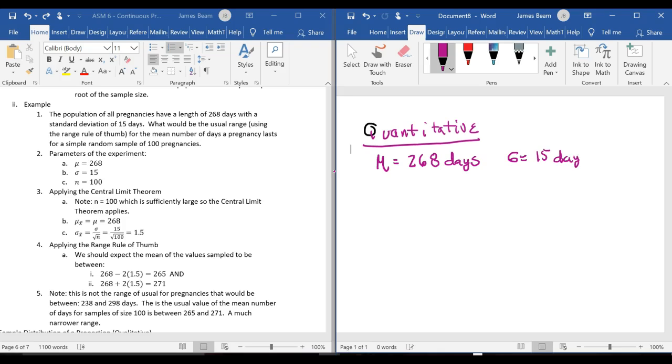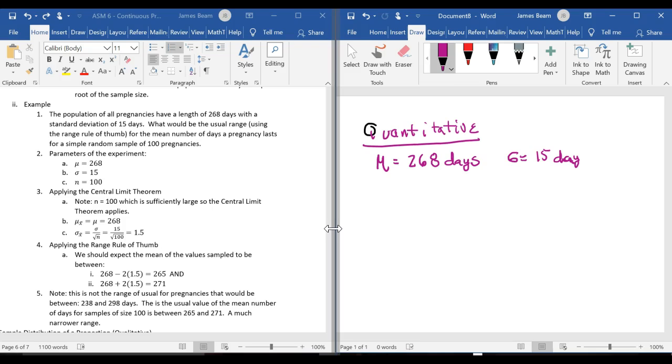Right there, not saying anything else, not even knowing the sample size of the samples that I'm going to take, I have met the central limit theorem because I have a quantitative population that's normally distributed. Mean of 268 with a standard deviation of 15. Now, that doesn't have to be the case. I just have to have a mean and standard deviation. It doesn't have to be normally distributed, and I could still do this so long as the samples that I'm taking are of the right size.